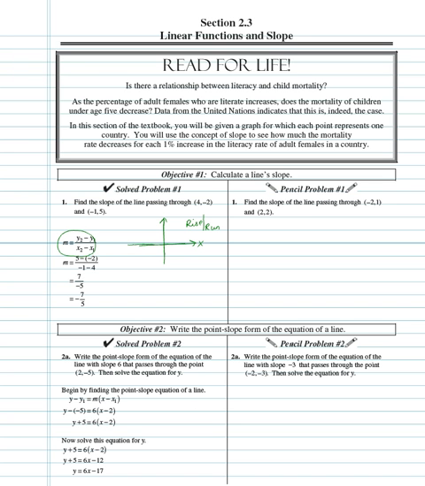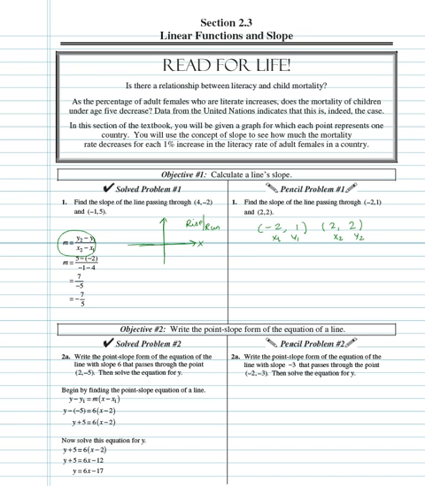Now find the slope of a line passing through (-2, 1) and (2, 2). So here I'm going to rewrite this: (-2, 1) and (2, 2). This is my x1, y1, x2, y2.